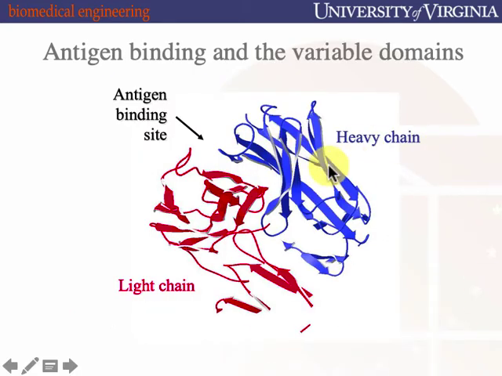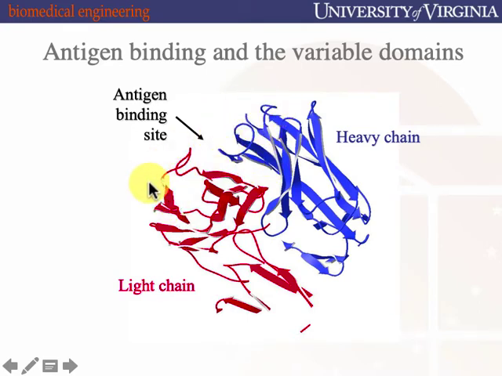All right, so if we blow up the antigen binding sites, here's the heavy chain, here's the light chain, and antigen binding occurs on these loops. These Ig, or immunoglobulin, domains are antiparallel beta sheets that help hold the protein together with hydrogen bonding, and they have little loop structures connecting these beta sheets.